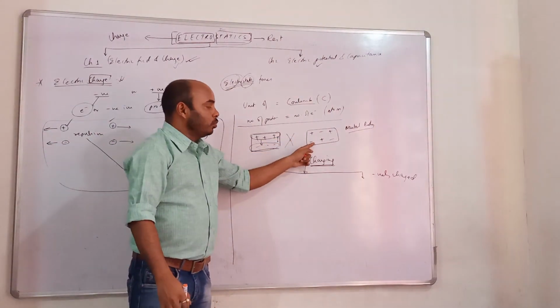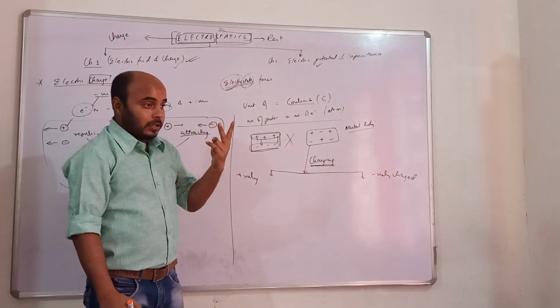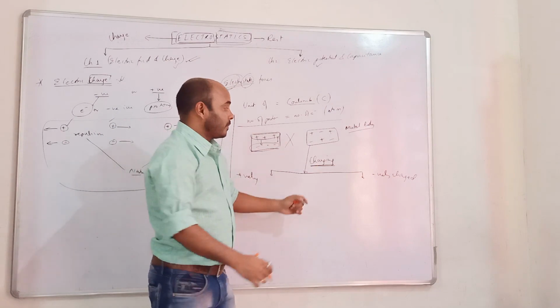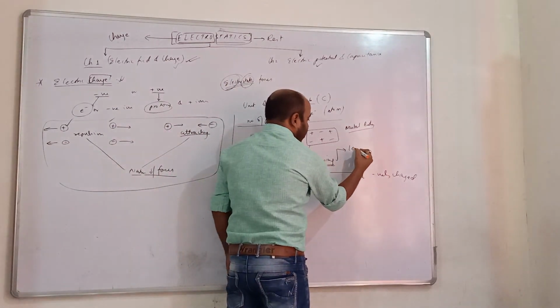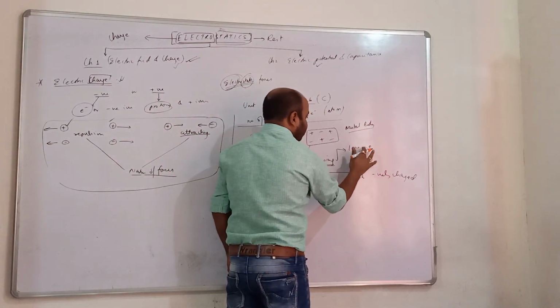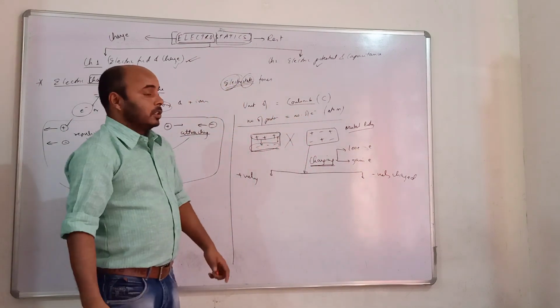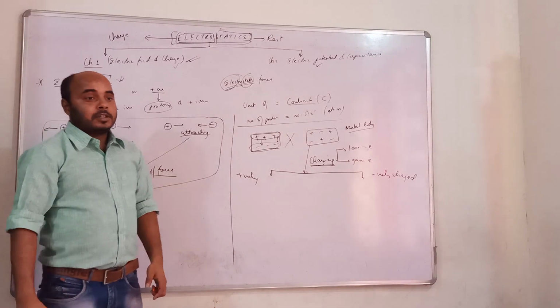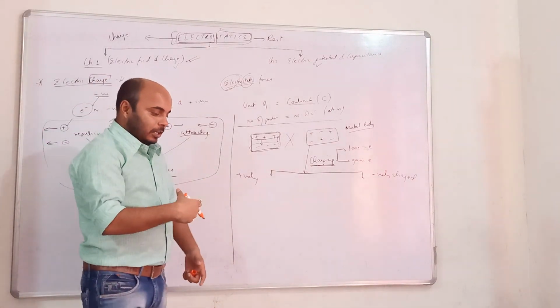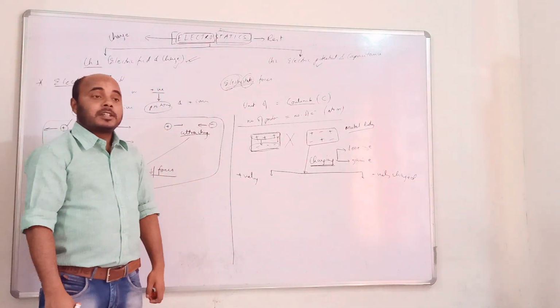So a neutral body does two things. In the process of charging, either it will lose electrons or it will gain electrons. The process of losing or gaining electrons is called charging.